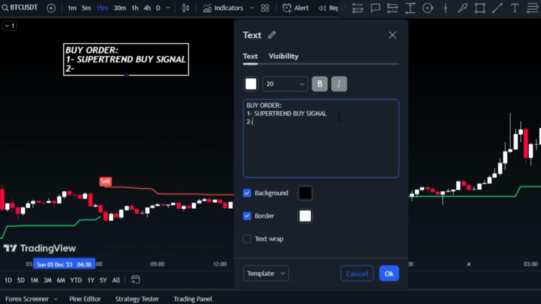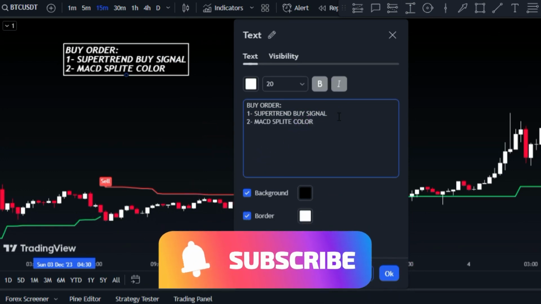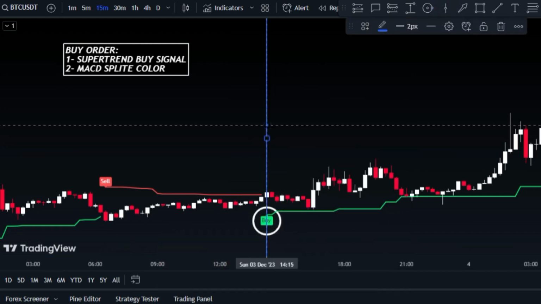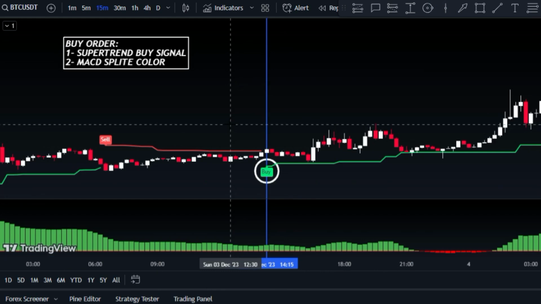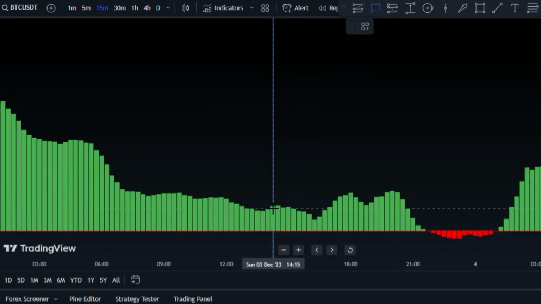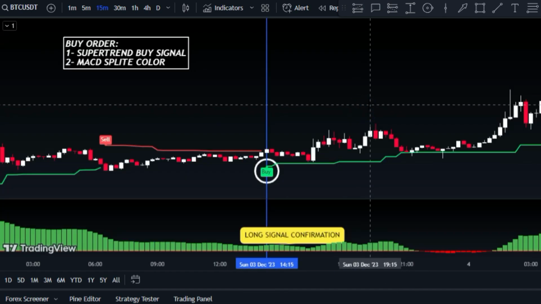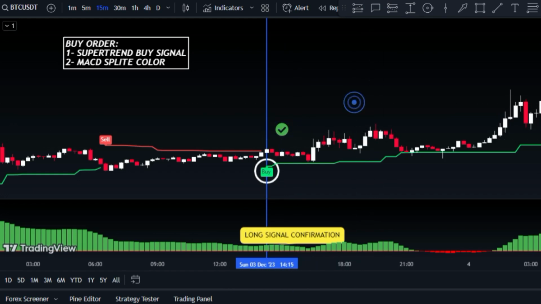Once you get the signal, take a peek at the MACD split colors indicator to confirm that the signal is strong and that the market is in an uptrend. If both those check out, you're good to go ahead and place a buy order.